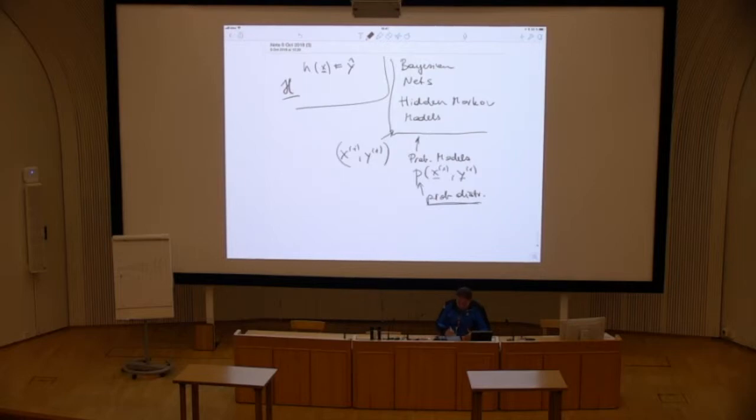How do we fit the hypothesis space to data? Well, we pick the particular hypothesis out of this which minimizes the empirical risk over some training data.